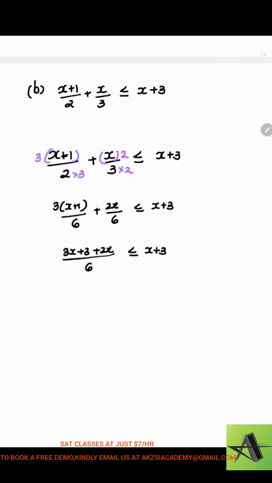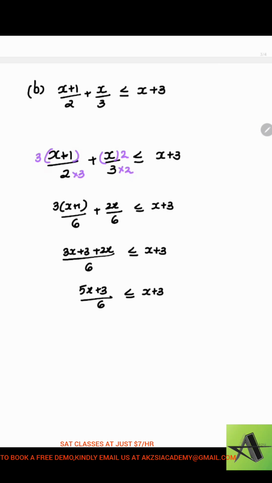If you find it difficult, I would suggest going back and seeing how to solve linear equations. If you have gained mastery over it, linear inequalities are very simple to solve. This is (5x plus 3) over 6 less than or equal to x plus 3. Now, we can multiply 6 to both the sides.